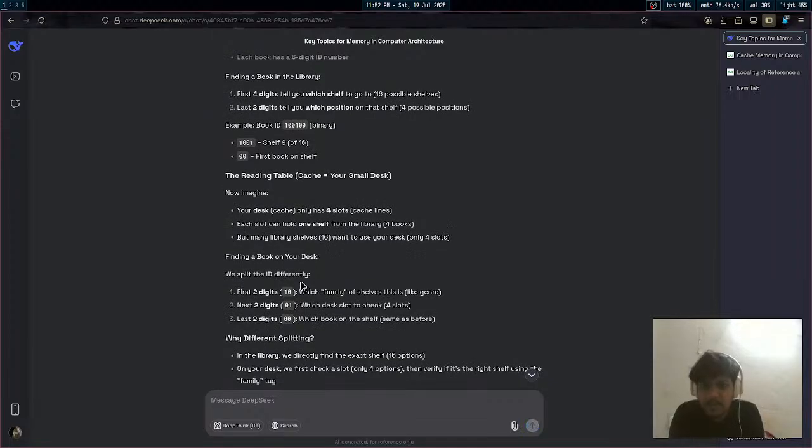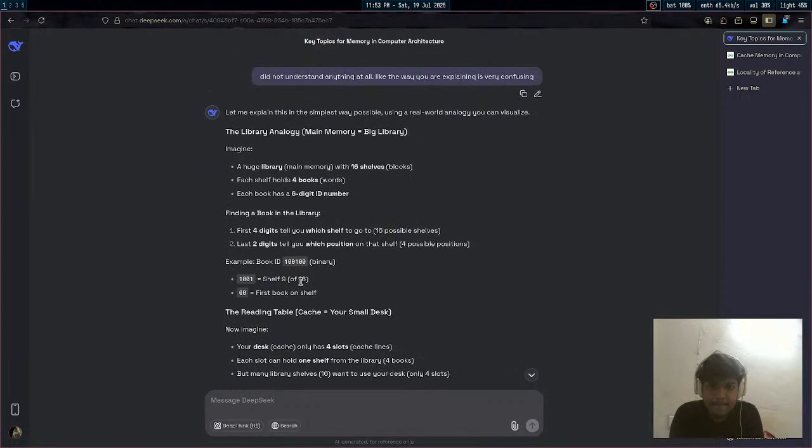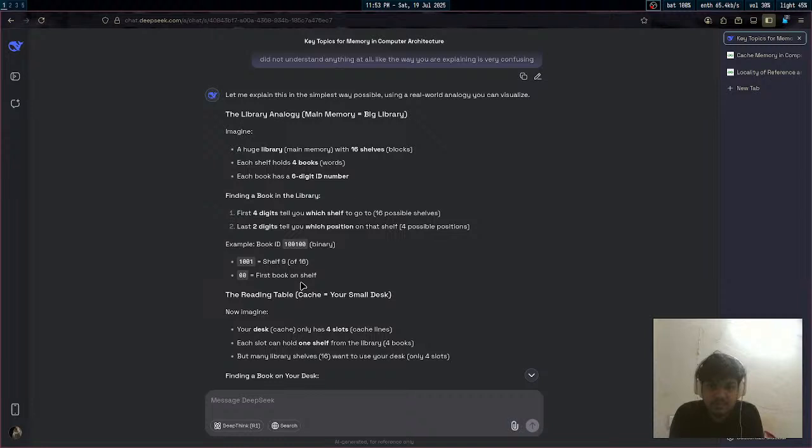Reading table. Your desk has 4 slots. Cache line. Each slot can hold one shelf from the library, 4 books. But many library shelves want to use your desk.